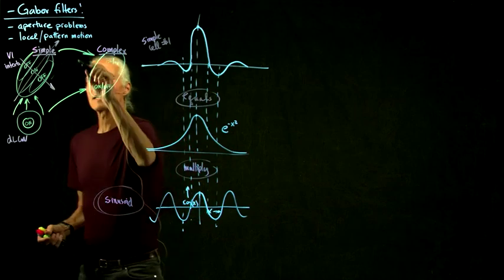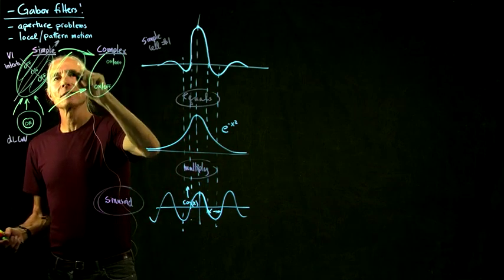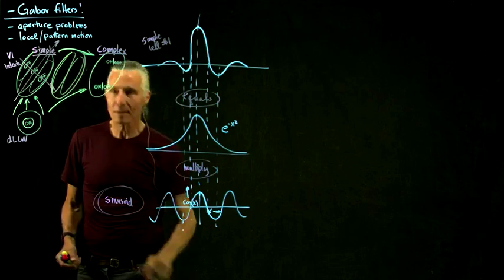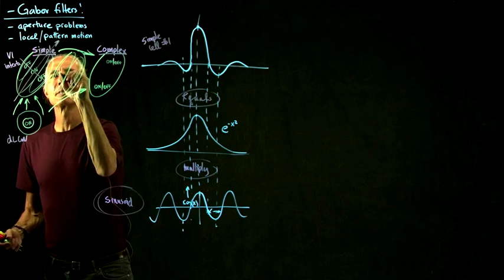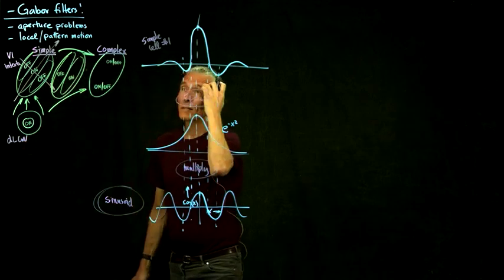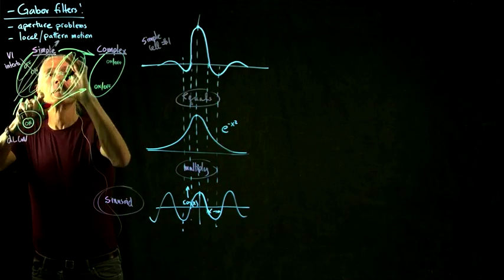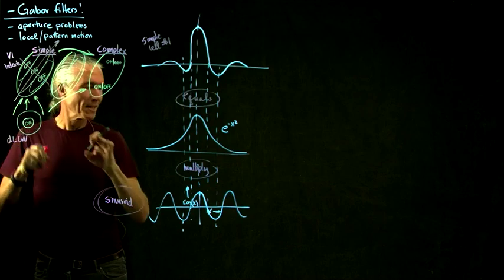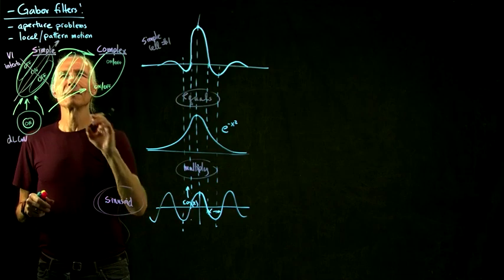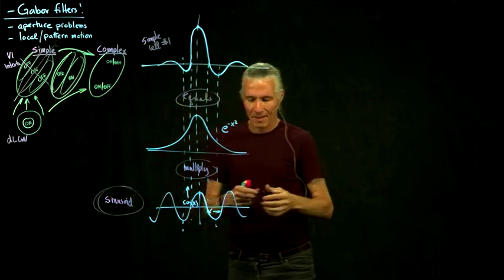That would be modeling a simple cell that maybe had 2 fields. Say off and on. So we have an off field here and an on field here. Imagine we just had a 2-field simple cell. That would be kind of like a sine instead of a cosine simple cell. And so what does that look like?